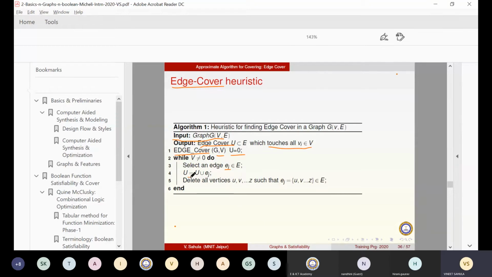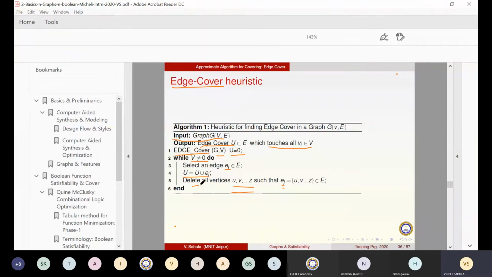So I say my edge cover is the union with this edge also. But if I have chosen this edge, I will drop all the vertices which this edge is covering from the graph, so that I say that my edge is chosen, those vertices are covered. So we remove these vertices from the graph, assuming that they are covered by this edge e_i, and I have to focus on other edges and other vertices. And this is iterative till all the vertices are covered and V becomes empty.